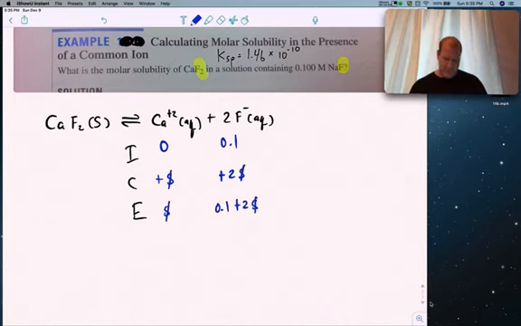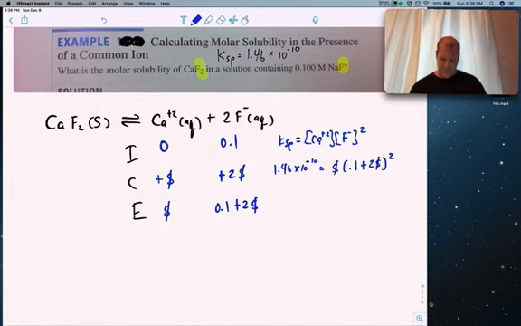And our Ksp is going to be the calcium ion times the fluoride anion squared, and that means 1.46 times 10 to the minus 10 equals the molar solubility times (0.1 plus 2 times the molar solubility) squared. And so what we can do is apply the small approximation there.